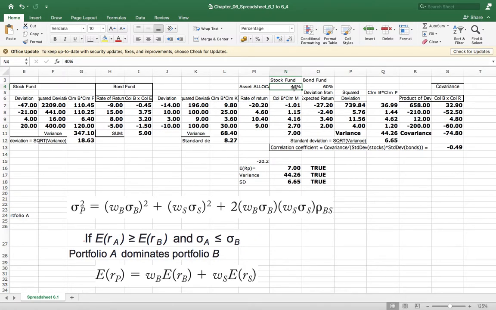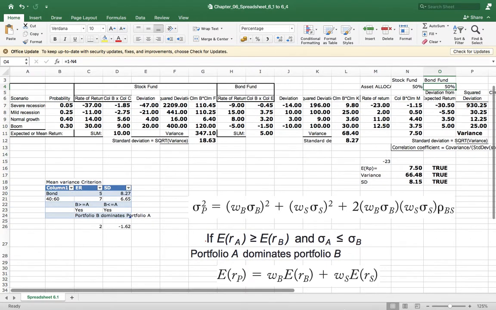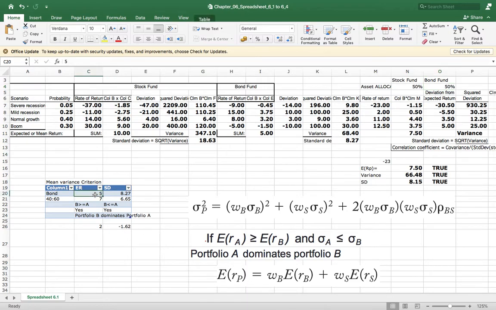And if, for example, you make it 50-50, stock fund 50, bond fund 50, then you can find here the bond fund return, I will write the fund's return directly.